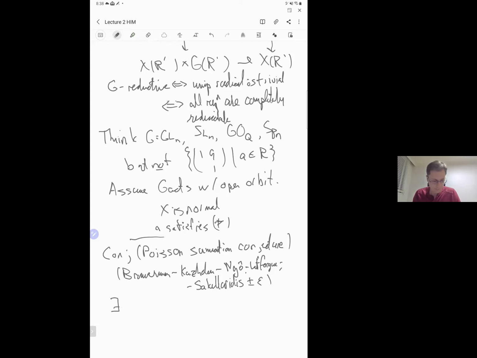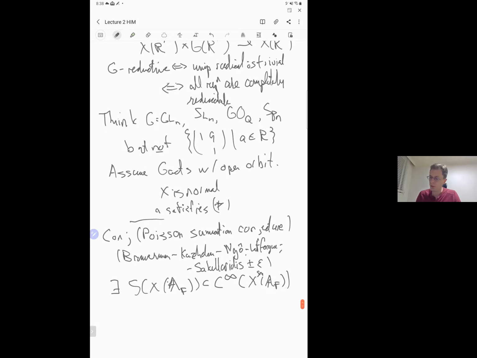All right. So the first assertion is that there exists a Schwartz space that is a subspace of smooth functions, not on the whole space, but just on the smooth locus. So functions in the Schwartz space don't have to be defined on the whole space.